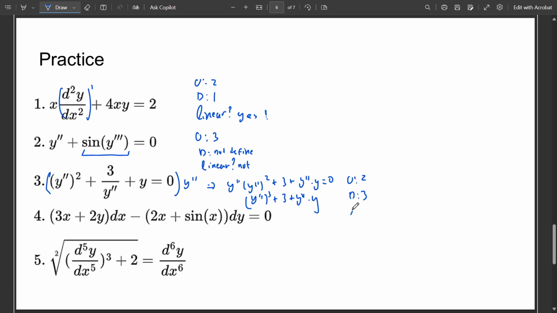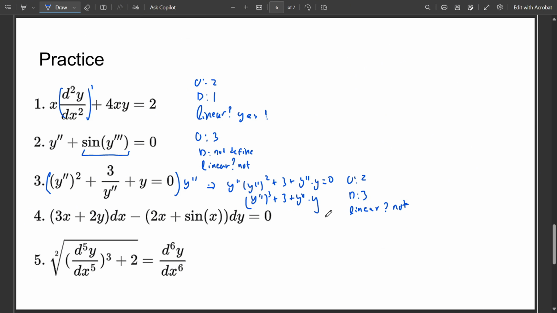And is it linear? No. Why? Because there's a product of the dependent variable y and its derivative, and also the power of the highest order is greater than 1. So it's not linear.